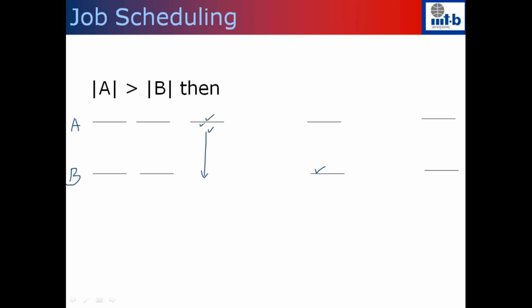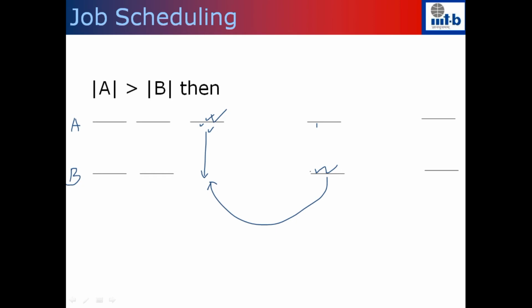But if this job is in B, then we look at a day on which A is doing something. So what we do is move this job to here. Since this job is the same as that job, but instead of doing it on this day, B is doing it on some other day, we can always take it back, because A is doing it on this particular day.